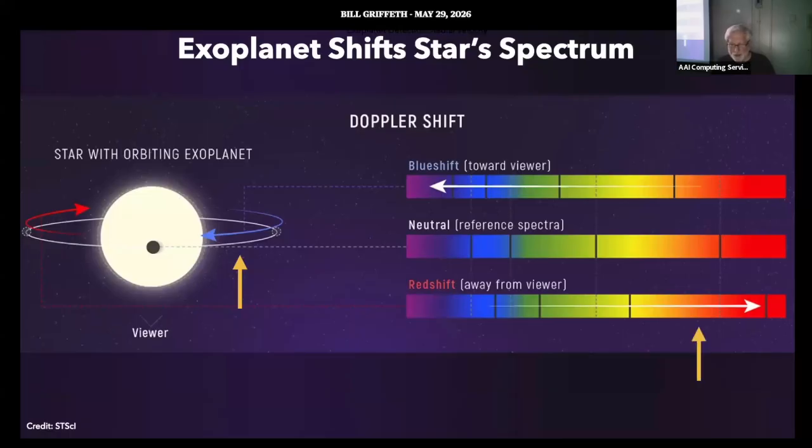Yes, the colors of the red and blue arrows should be reversed. I won't credit who created this, you can read yourself who created it. So these shifts are very slight and require a very high resolution spectrograph to detect them. One of these is ESPRESSO at Paranal Observatory, which I'll tell you about later.